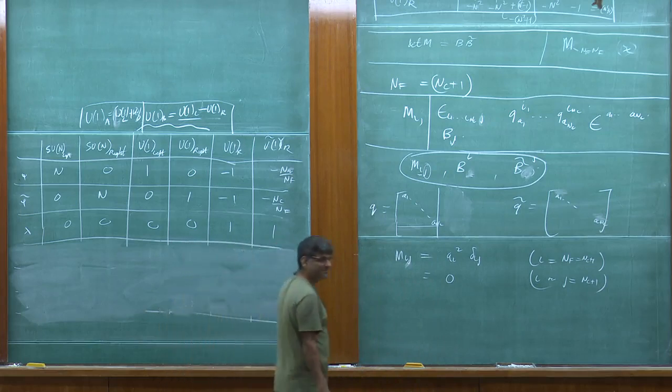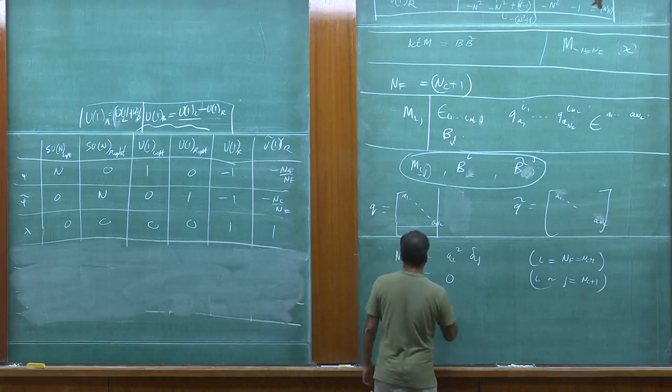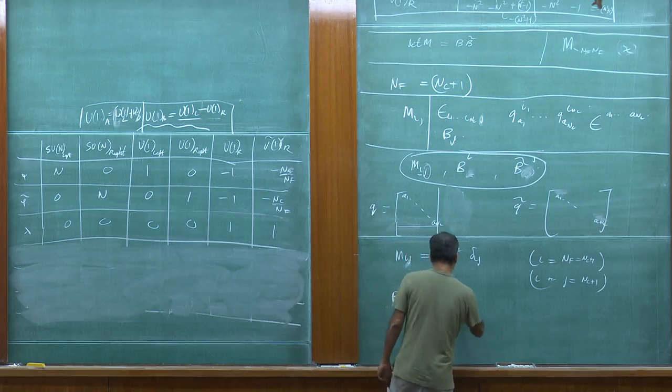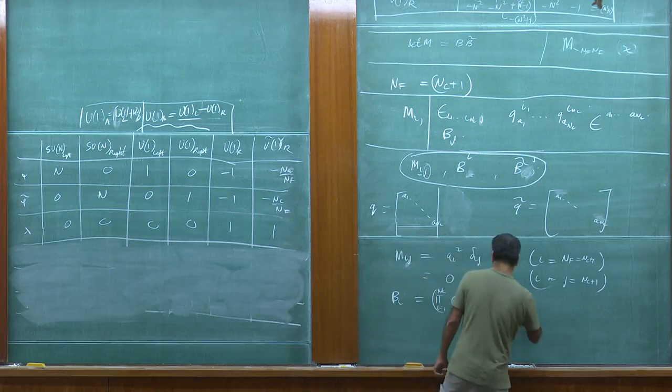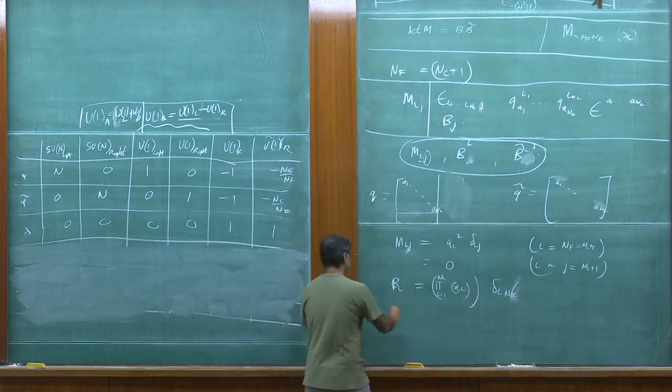Also, we had B^i equal to the product, i equal to 1 to N_C, of a_i if i equals N_F, and similarly B tilde.